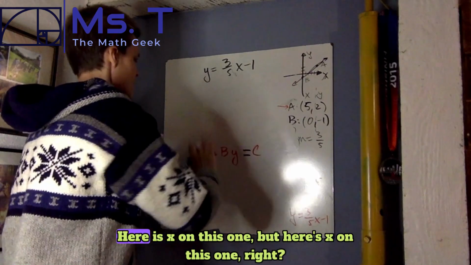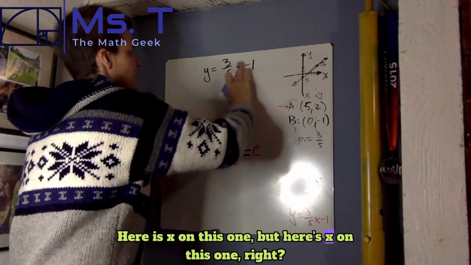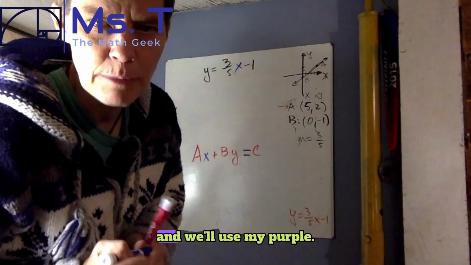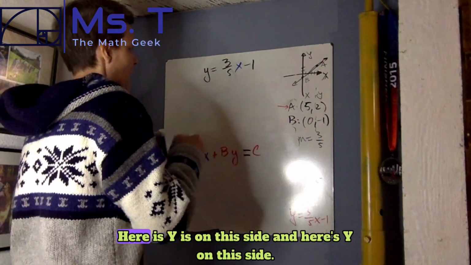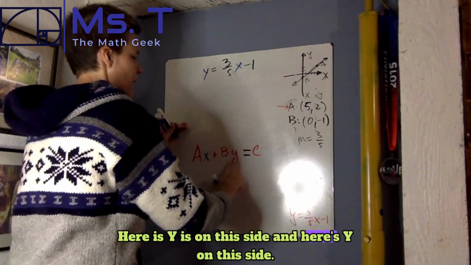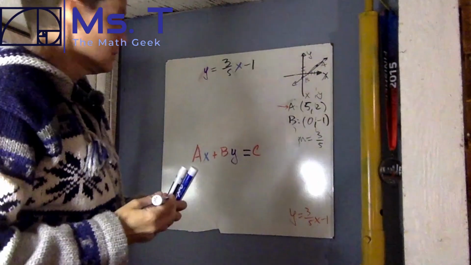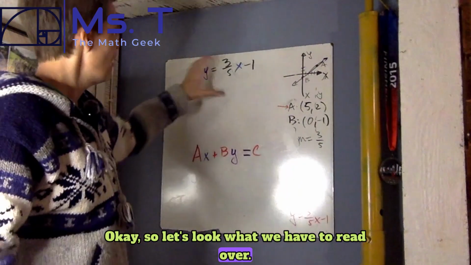Here is x on this one, and here's x on this one, right? And we'll use my purple. Here is y on this side, and here's y on this side. Okay, so let's look at what we have to work with.